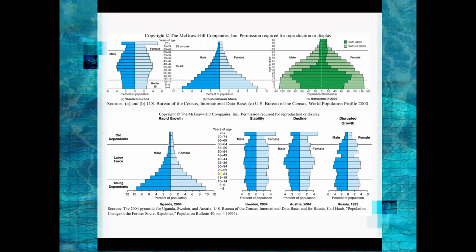The shape of the population pyramid has some relationship with their economic status. So you can see these three graphs are for Sweden, Australia, and Russia. Those three are having somewhat like a cylinder shape. But Uganda, Sub-Saharan Africa and Botswana have somewhat gradually decreasing pattern in their population pyramid.